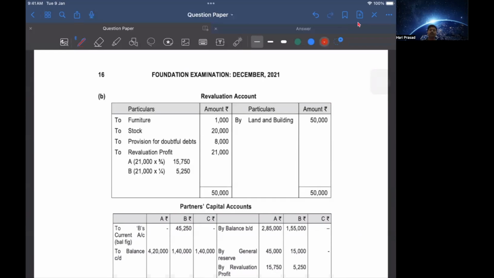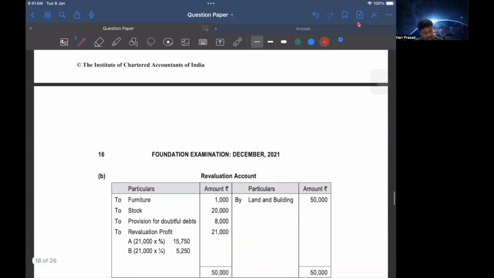We have to find the profit from revaluation. We have to debit all the losses in revaluation. If we are losing value due to revaluation, we debit the revaluation account. If there is a profit or gain due to revaluation, we credit the revaluation account. Revaluation account: particulars and amount on the debit side, particulars and amount on the credit side.